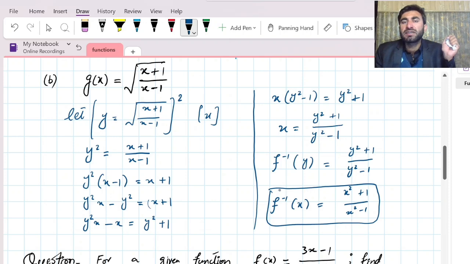I made a mistake by writing f over here, it was g. So it will be g inverse of x, and here is also g inverse of x equals x square plus 1 divided by x square minus 1.